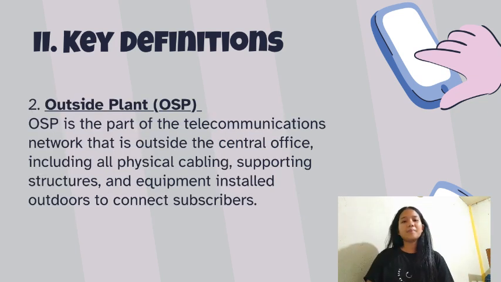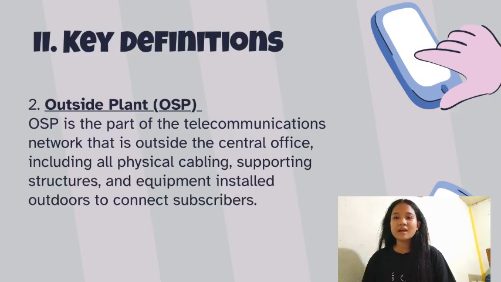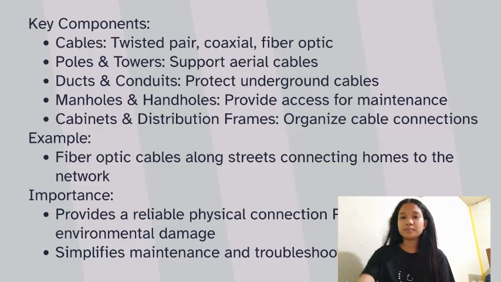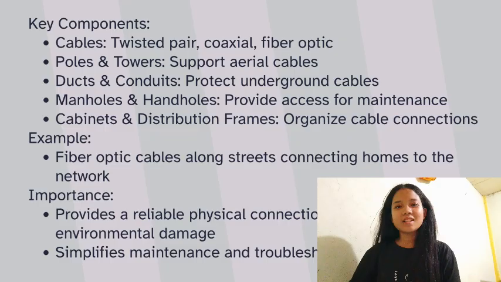Next is the outside plant or OSP. So OSP is a part of the telecommunication network that is outside the central office, including all key components. First is cables: twisted pair, coaxial, fiber optic. Next is poles and towers, which support aerial cables. Ducts and conduits protect underground cables.